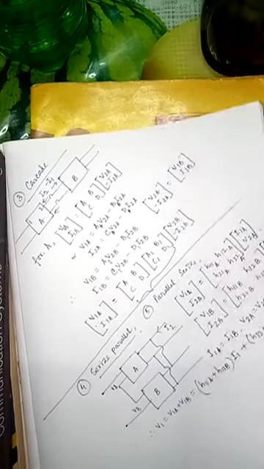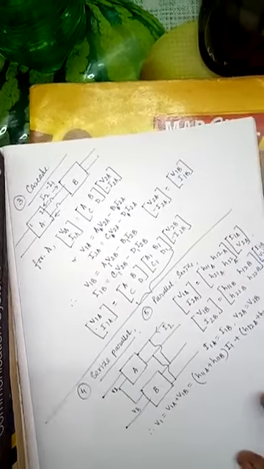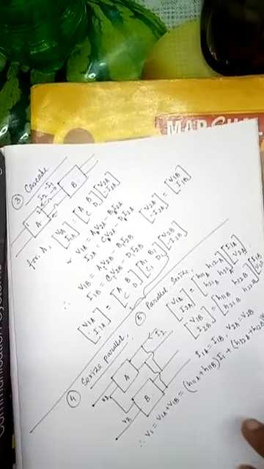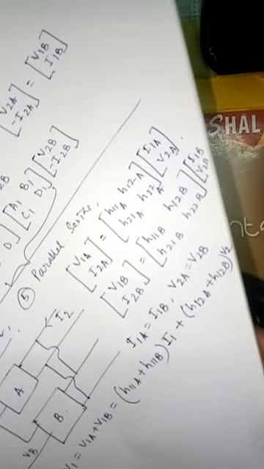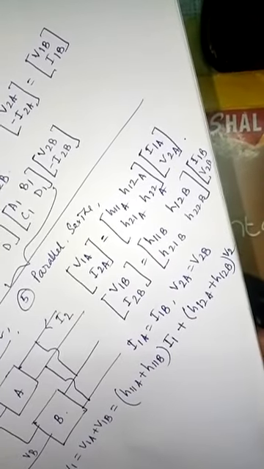We have to write this as V2. You may not follow perhaps, but this is V2, H12A, H12B, that is V2.